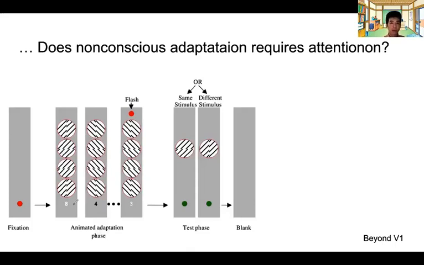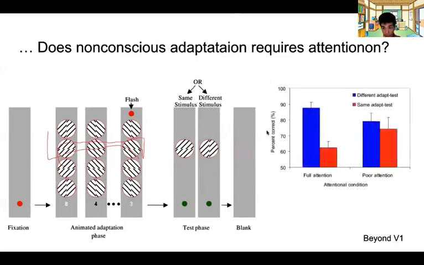If this number changes very, very quickly, you need to really pay attention to this number stream. If you do that, then your attention to the adapted orientation should be weaker. That's their hypothesis. And when they did that, this differentiated orientation-dependent adaptation effect of the invisible stimulus became pretty much gone.